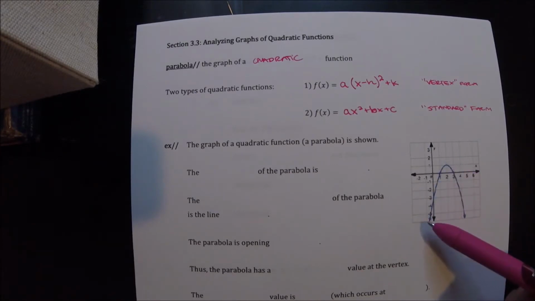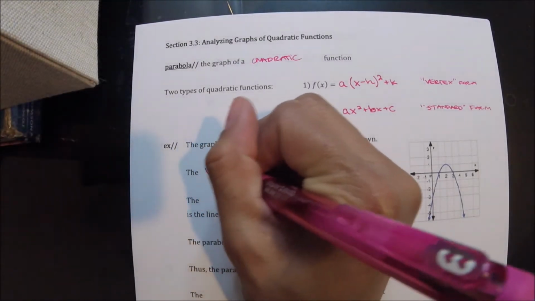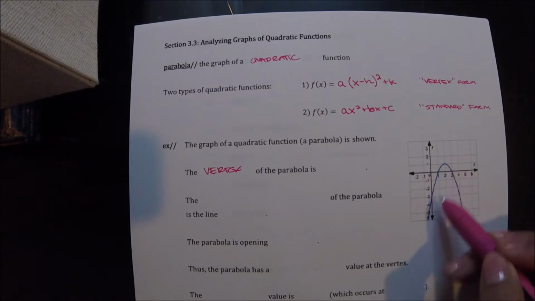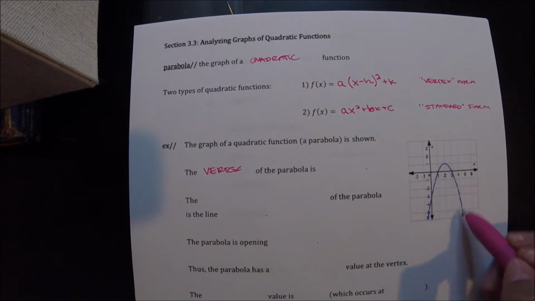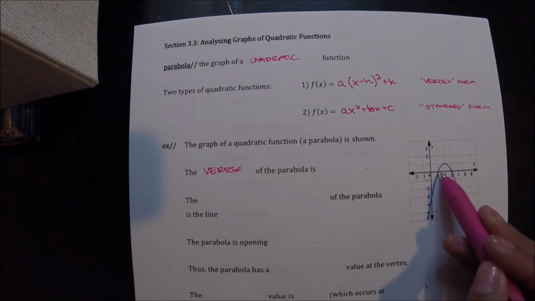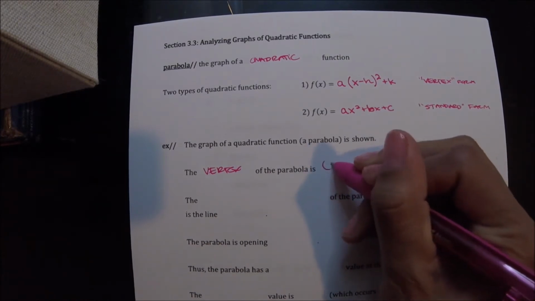And first we'll talk about some characteristics of parabolas. So this shape here is the graph of a quadratic function, so it's a parabola. And the vertex of the parabola is this point here where it reaches the highest, where it reaches a max. So the vertex of the parabola would be the point (2, 1).